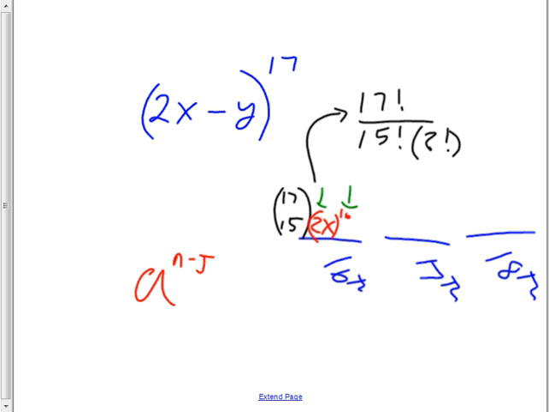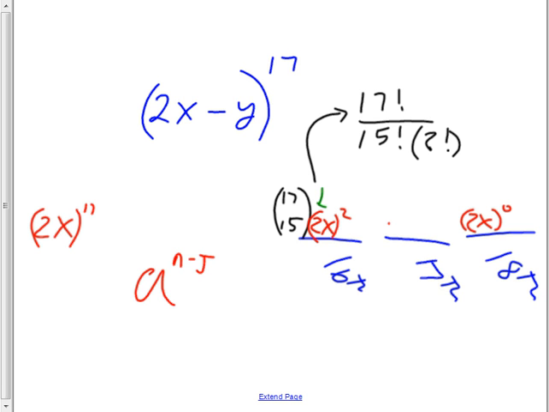Would you agree that the 2x has been started with like a 2x to the 17th? And then I keep going and going, and how does it end? 2x to the 0 is how it would end, and therefore this must be 2x to the 1, and this would be 2x to the 2.